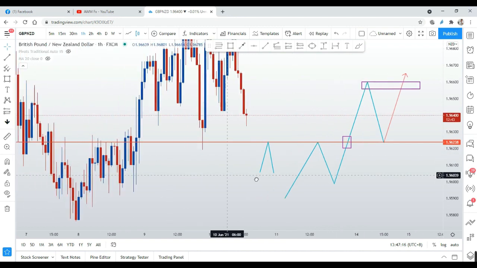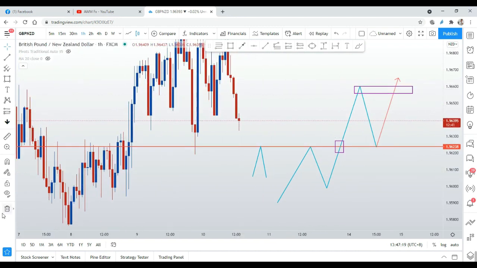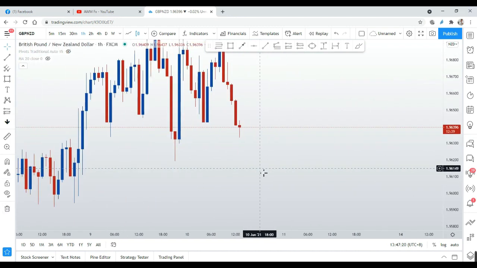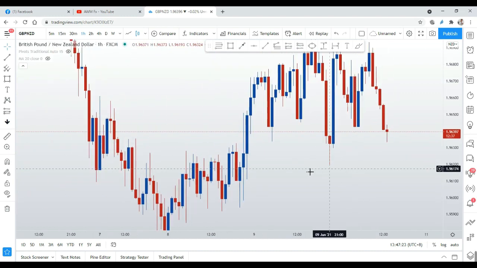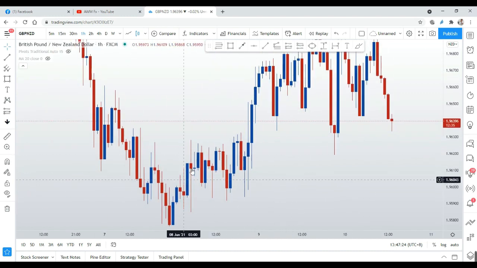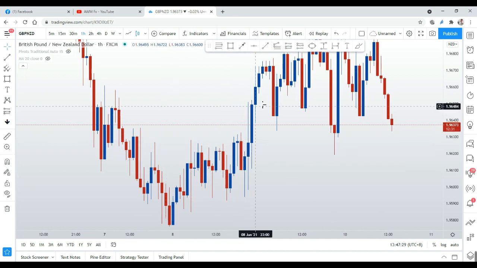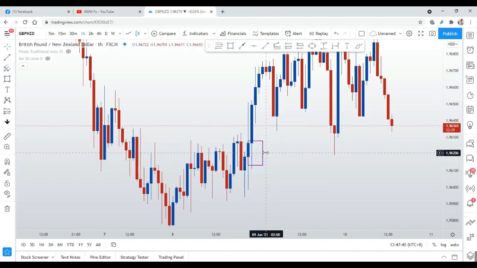So now let's look at this example. Let's get all those things out first. If you look at it properly, this price reached this area a few times before it decided to break up. When it broke upwards, there is a double maru over here. This is the double maru, when it decided to break this point.